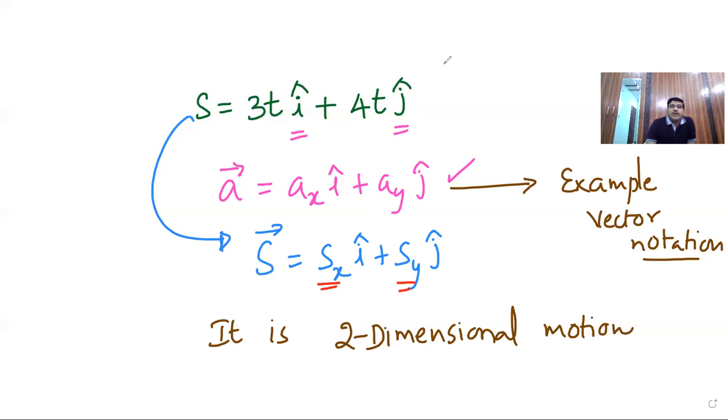Now observe, S bar is given as 3t i cap plus 4t j cap.